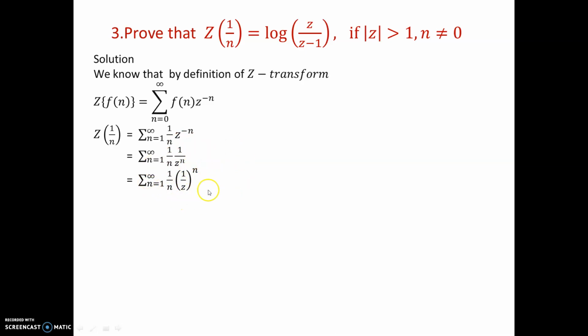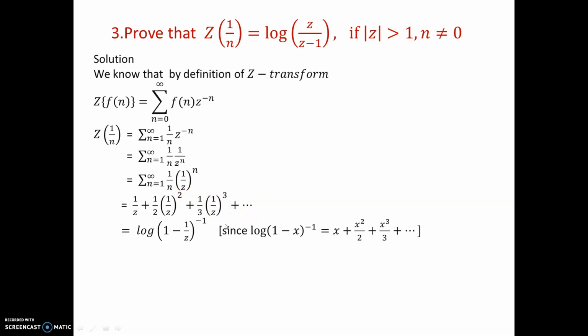Next, to expand the summation, n equal to 1 to infinity, 1 by n, 1 by z the whole power n, we get 1 by z plus 1 by 2, 1 by z the whole square plus etc. Which is not the expansion of a known function. Therefore, to modify this term, log of 1 minus x the whole inverse is x plus x squared by 2 plus x cubed by 3.